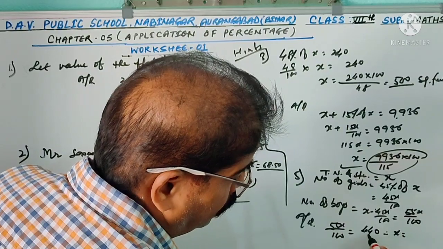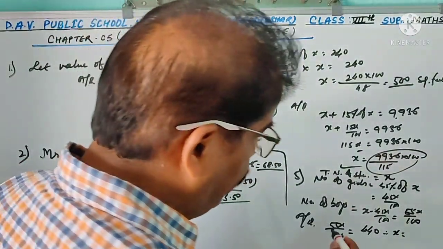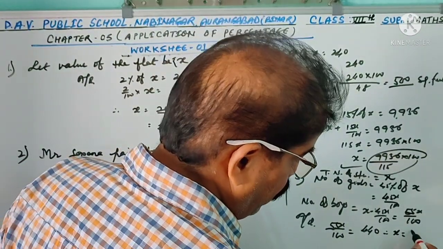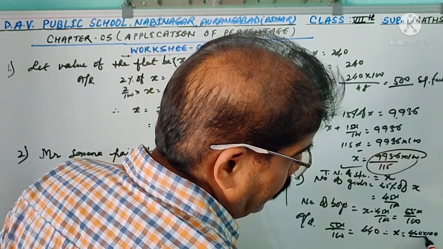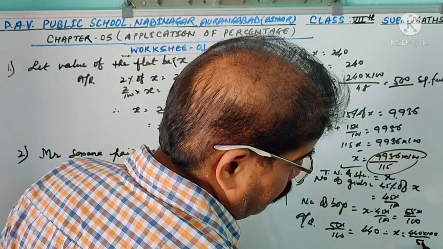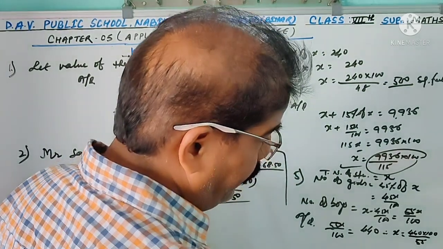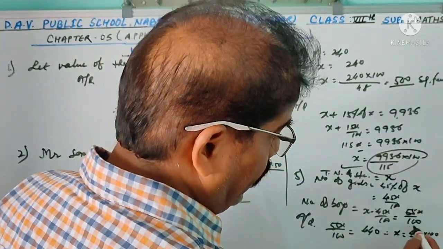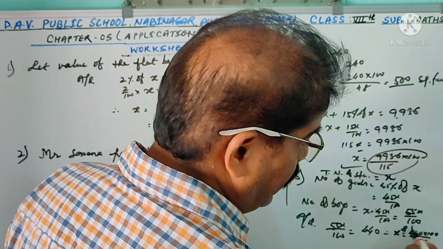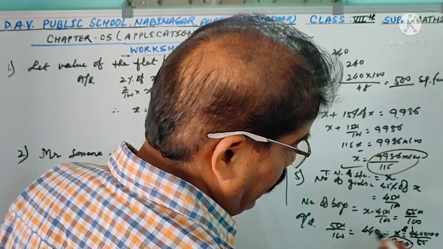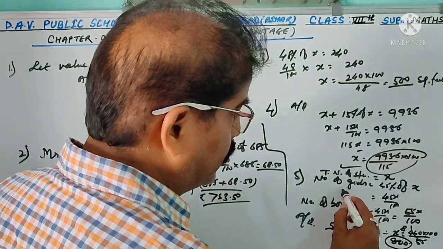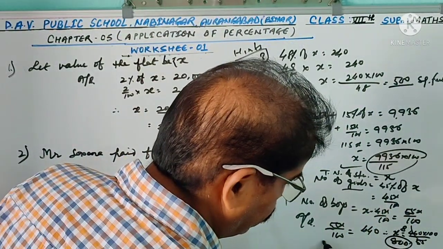Therefore, x equals 440 into 100 by 55. That is 8 into 100, 800. So total students are 800.